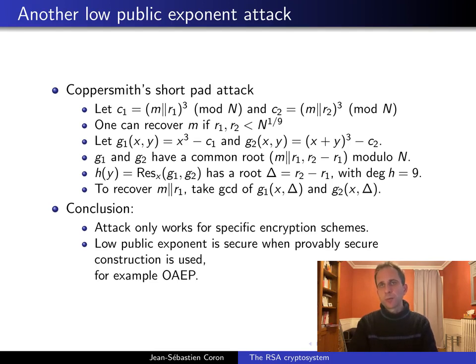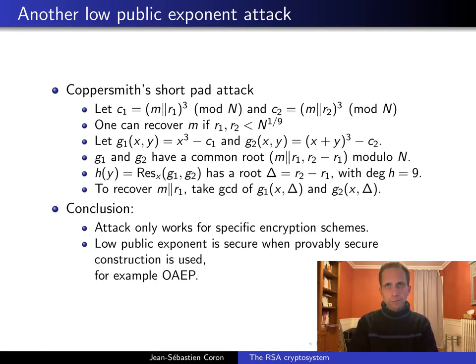So we can apply Coppersmith's theorem directly, and we know that we can recover delta, because the size of delta is less than 1/9 the size of the modulus, because of the bound that we have on R1 and R2. And once we know delta, the rest is easy. We fix the second variable y with delta.